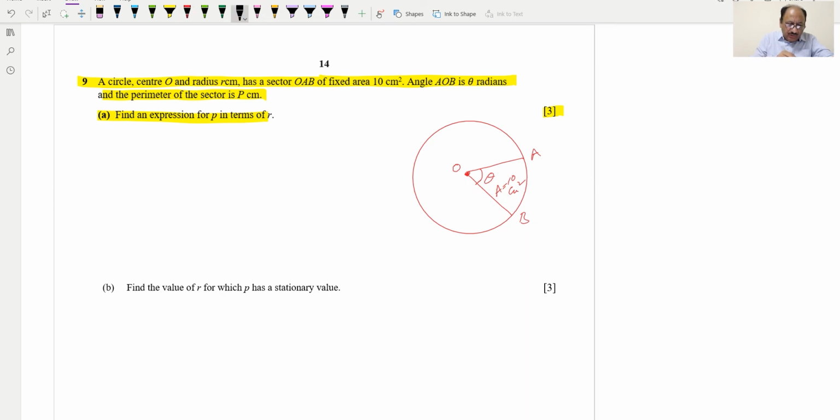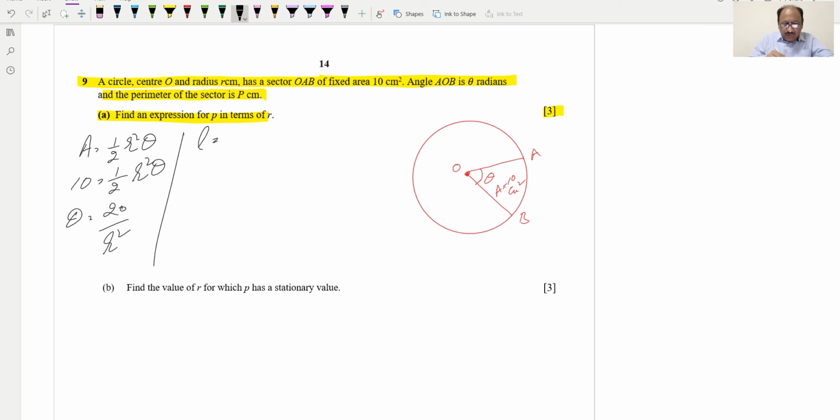So we know area is equal to what? 1 by 2 r square theta, and area is given as 10, so 1 by 2 r square theta equals 10, and theta will be equal to 20 over r square. Now the length will be what?